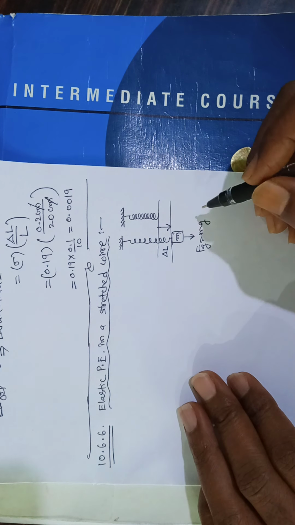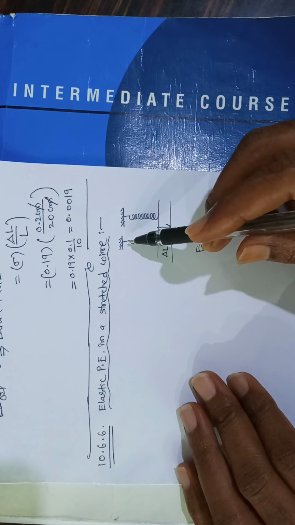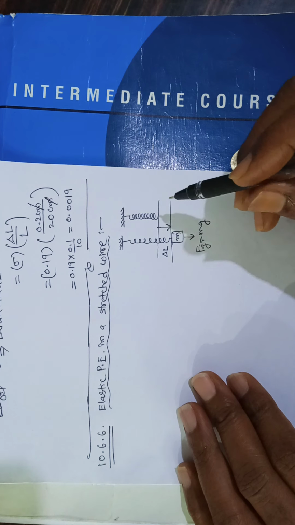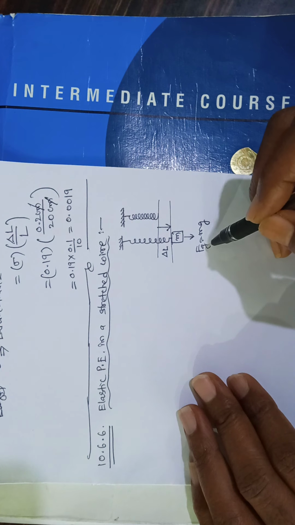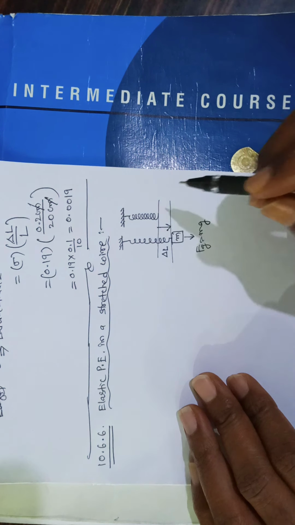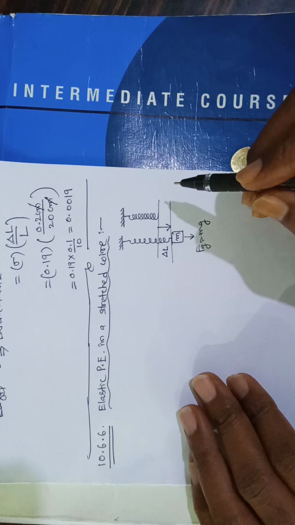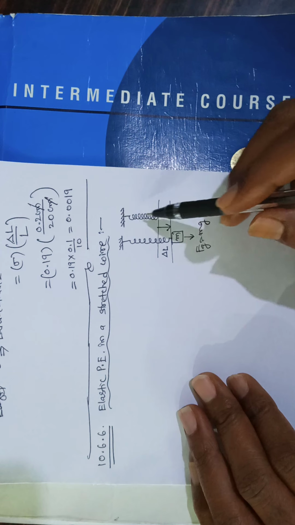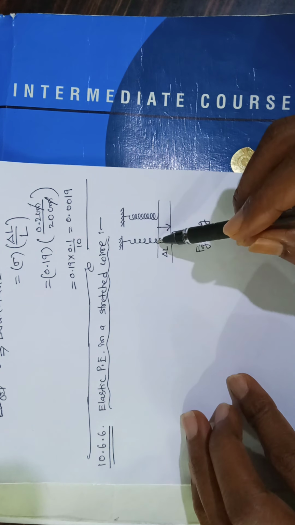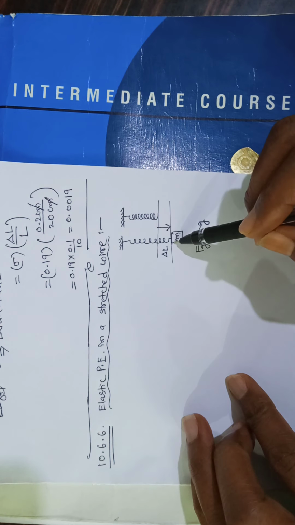See, this force increased the length of the spring. So the work done by this force is stored as potential energy inside the spring, and that is called strain energy. Here gravitational force is pulling the spring, stretching the spring through some distance. That is called elongation.